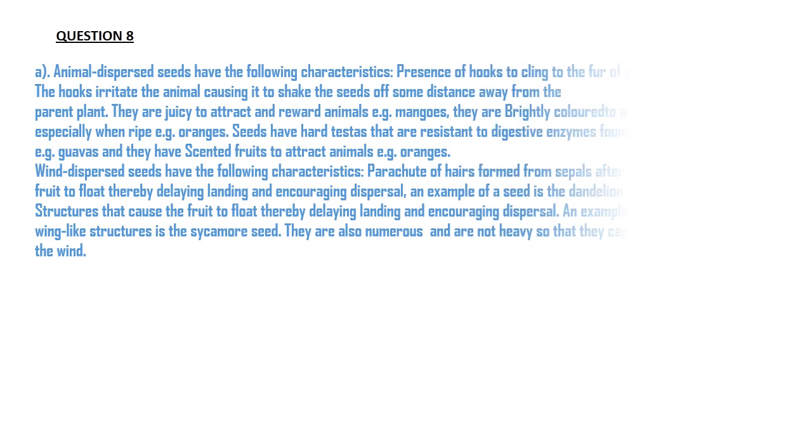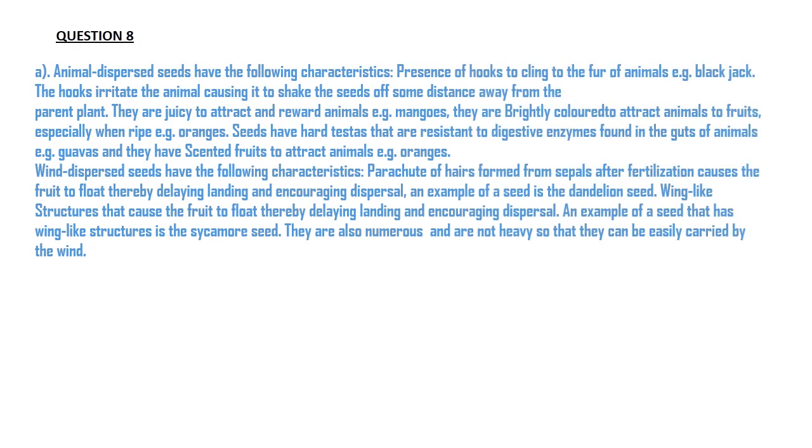A. Animal dispersal. Animal dispersed seeds have the following characteristics: presence of hooks to cling to the fur of animals, e.g. blackjack. The hooks irritate the animal, causing it to shake the seed off some distance away from the parent plant.